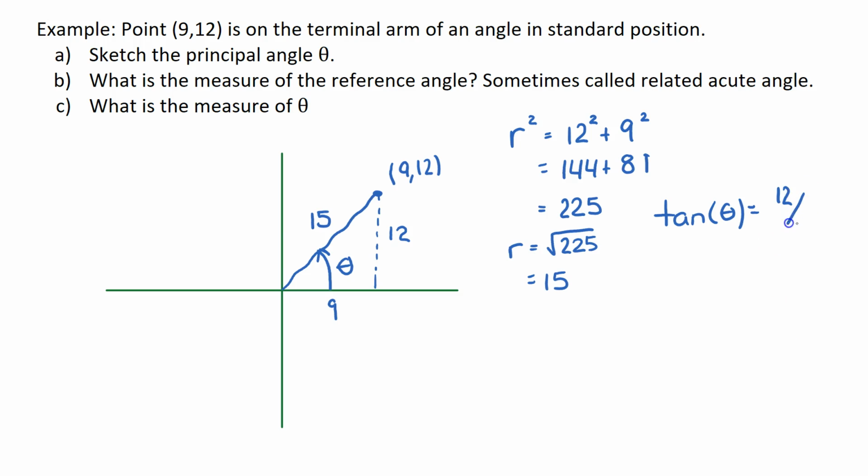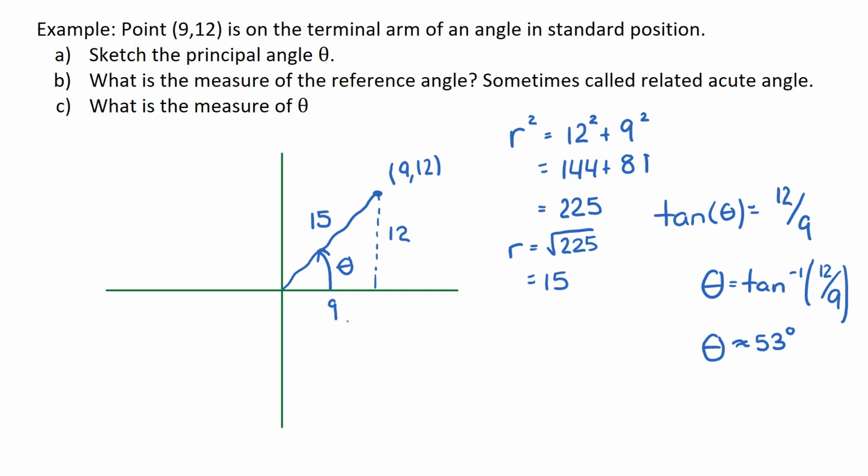So theta is equal to tan inverse of 12 over 9. And if I get my calculator out, theta works out to approximately 53 degrees. And I actually feel pretty good about this because it should be a little bigger than 45 because 12 is larger than 9 and they're relatively close.